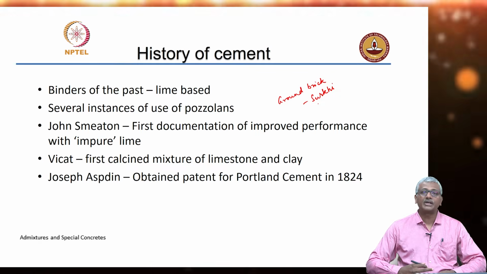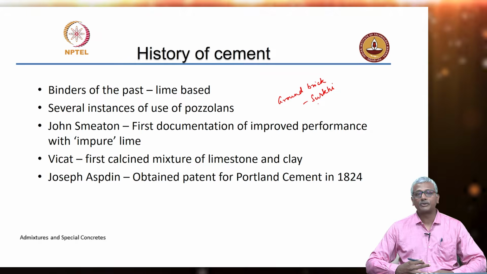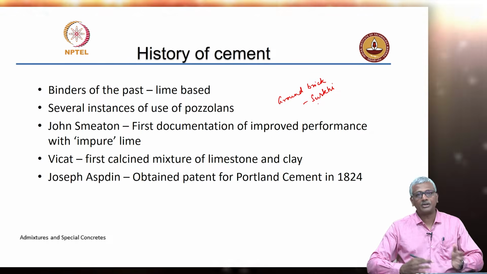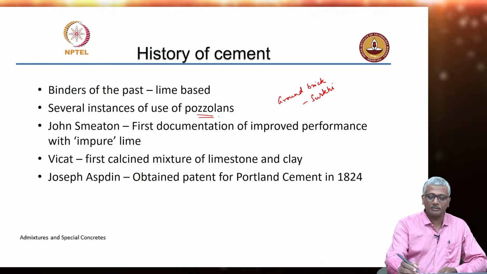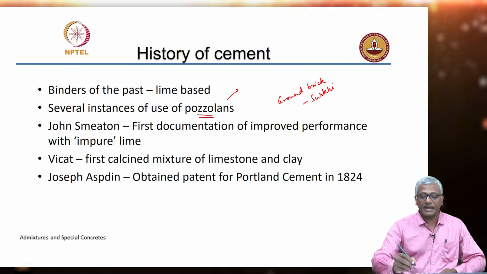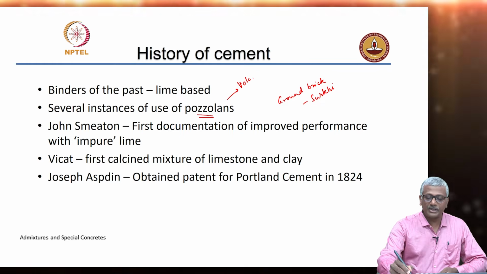Of course, outside of India also there have been a lot of instances of the use of alternative materials that were added to the lime mortar, and that's where the term pozzolan basically came into being because of the use of volcanic ash in Pozzuoli in Italy.